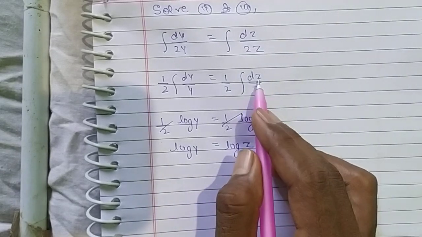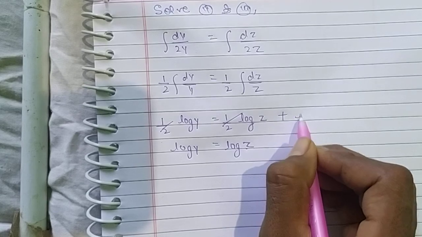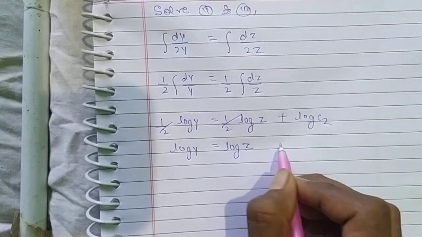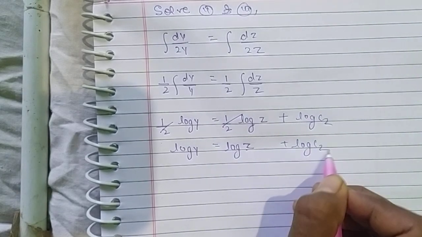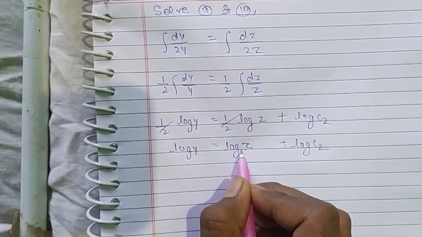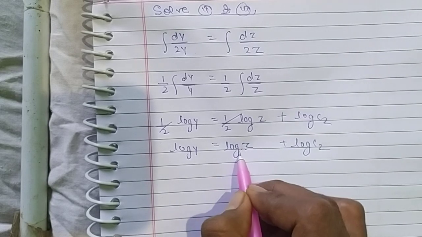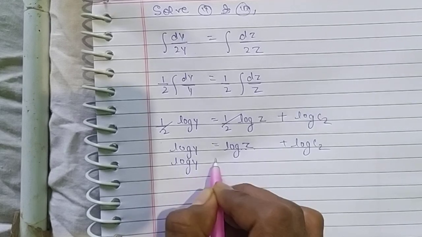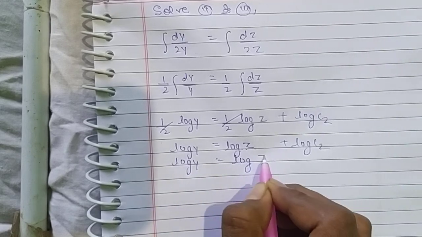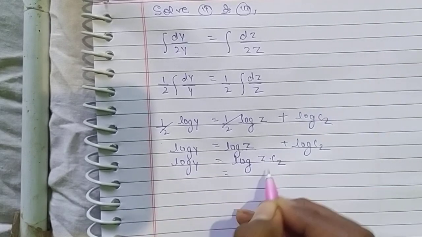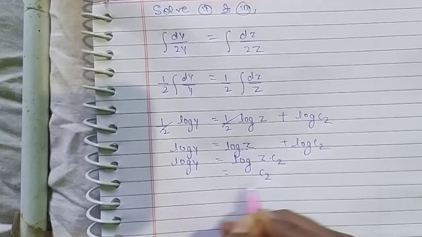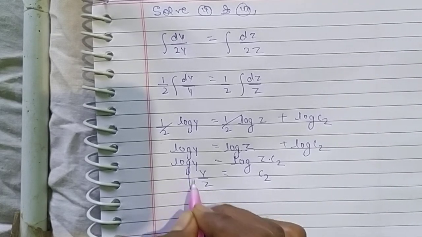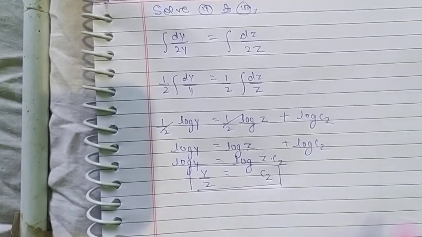Sorry, yes, you have to take another constant, that is log c2. Now log y minus log z. Here is also a property we can use, log a minus log b is log a by b, so we get log c2. Now log cancels, and c2 is equal to y by z, and this is your c2.